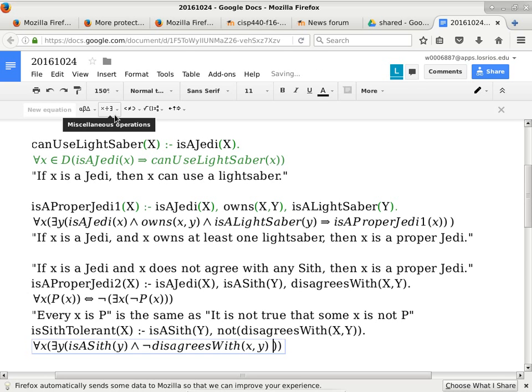So when we look at this whole thing, the right arrow implies that x is cis tolerant. Not disagree is the same thing as agrees. So I'm just using a negation in this case so that we can flip the meaning.